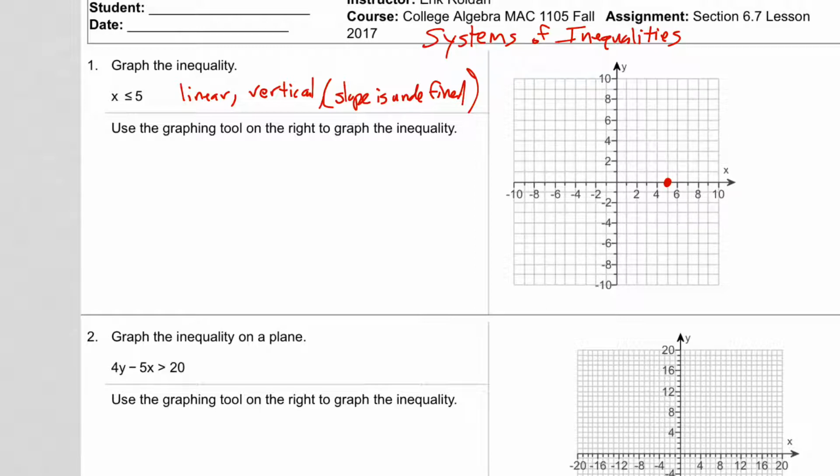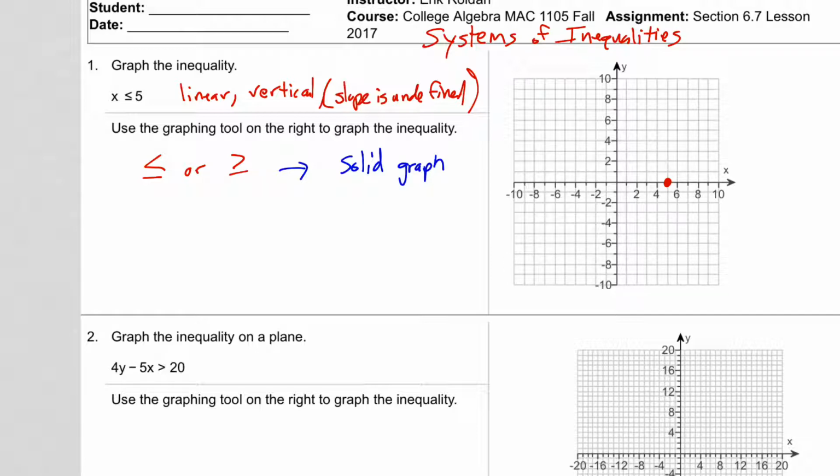And since it has an equal sign, it's going to be solid. Less than or equal to or greater than or equal to, which both have equal signs under them, so it's going to include the line or include the graph. So this is going to be a solid line, or solid graph, I should say.